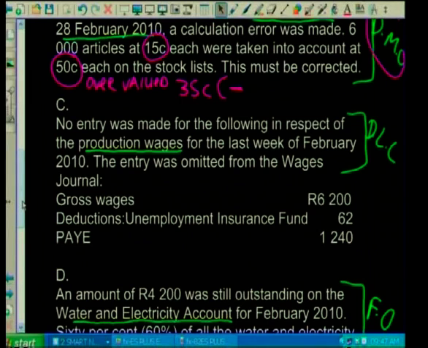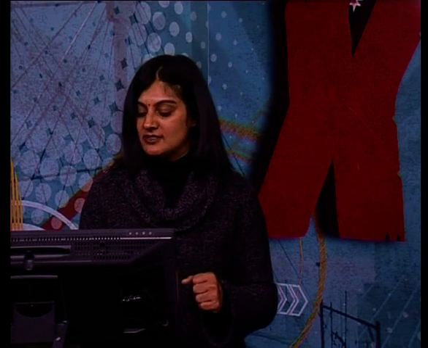The entry was omitted from the wages journal, and you've got here your gross wages 6,200, and then below two deductions, unemployment insurance fund, and then you've got PAYE as your second deduction. Now remember guys, you often see this adjustment when you're completing an income statement for companies. You often come across this one.